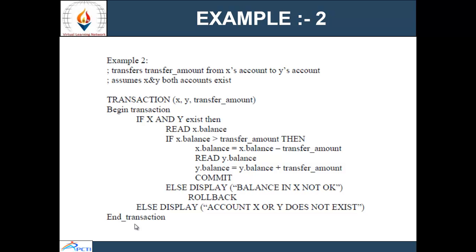We can see another example also. There is a transaction for transferring an amount from X account to Y account, in which we give three arguments: the two account numbers, that is X account number and Y account number, and the transfer amount, meaning the amount you want to transfer from one account to another account.